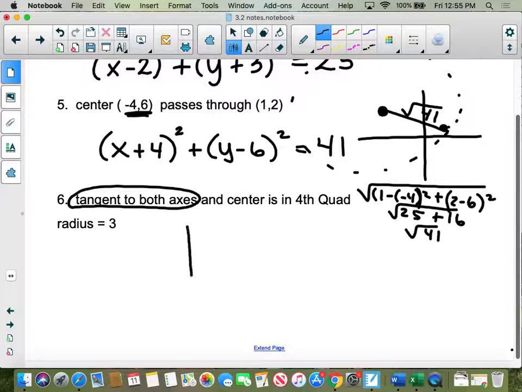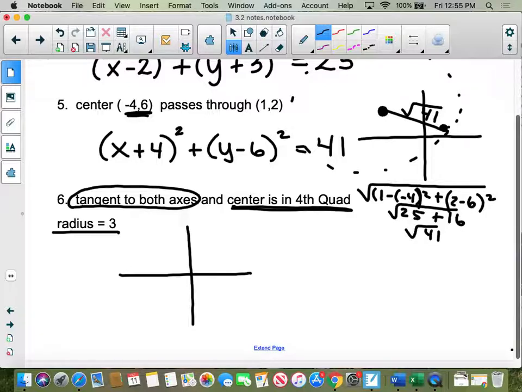Your circle is tangent to both axes. The center is in the 4th quadrant. The radius is 3. You are definitely in the 4th quadrant, and the radius is 3.